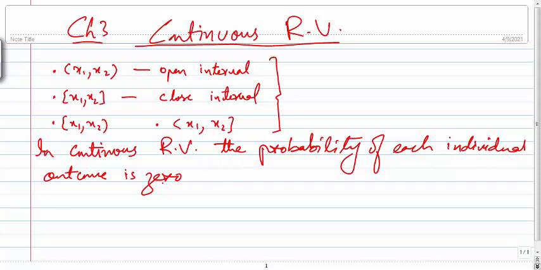This is unique, only true for continuous, because you have a lot of numbers within a number. If you go with just one point, then in that case this is 0.